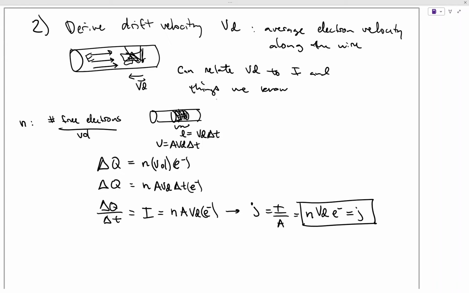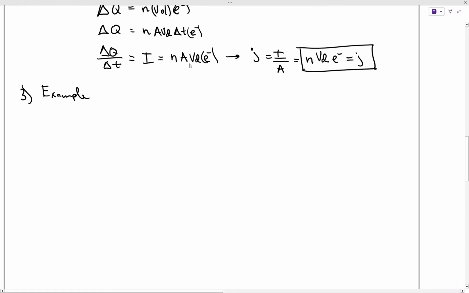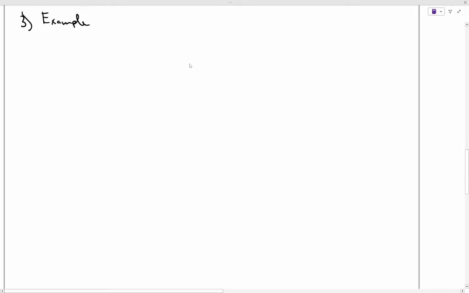Next, let's look at an example where we apply this. This example is in your text, see example 25-14. It will give us a chance to flesh out what we mean by number of charge carriers.